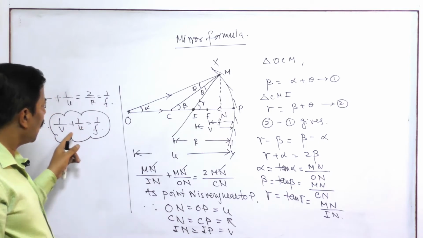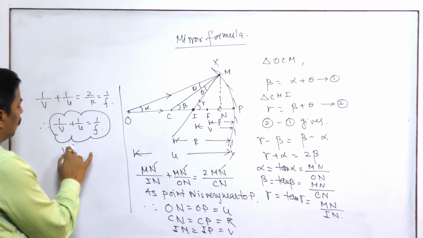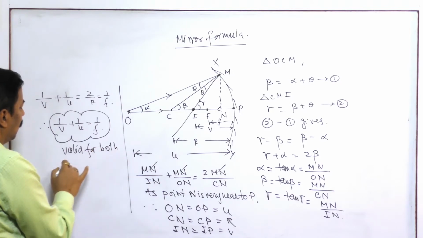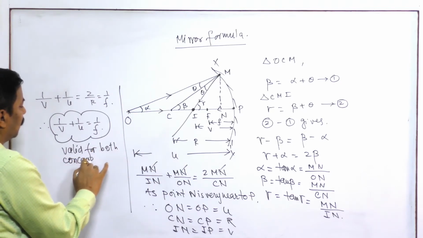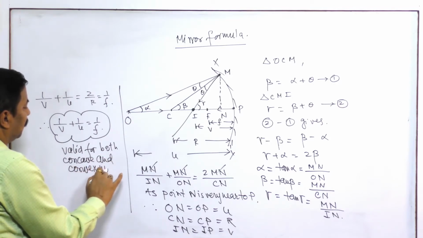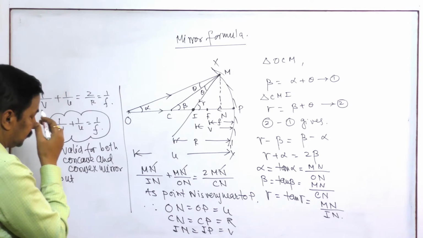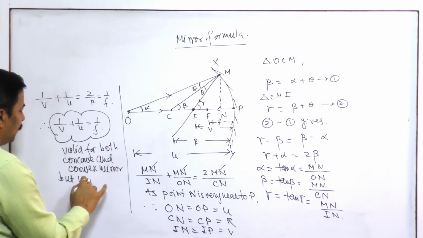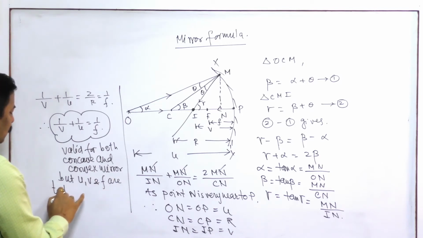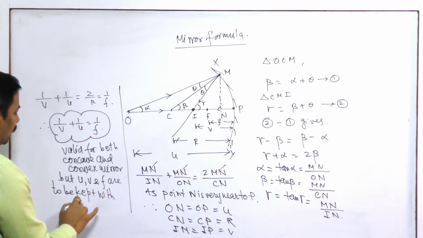Now, this mirror formula is valid for both concave and convex mirrors, but U, V and F are to be kept with sign.